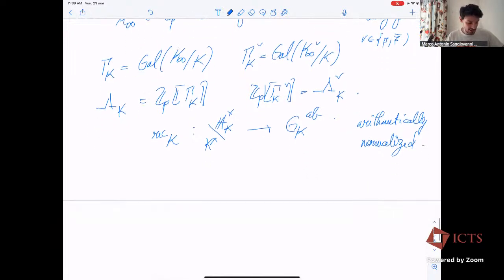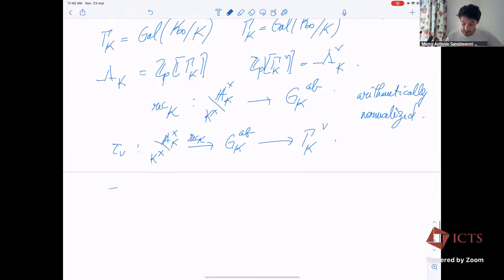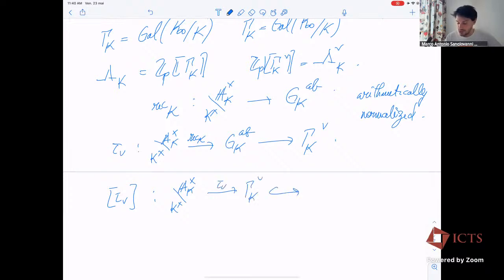Let me finish by introducing one last piece of notation, the character tau_v, which goes from A_K cross over K cross to G_K ab by the reciprocity map, and then G_K ab goes to Gamma_K,v. And I denote by tau_v in brackets the universal character, from A_K cross over K cross to Gamma_K,v, looking at this as units inside Lambda_K,v.